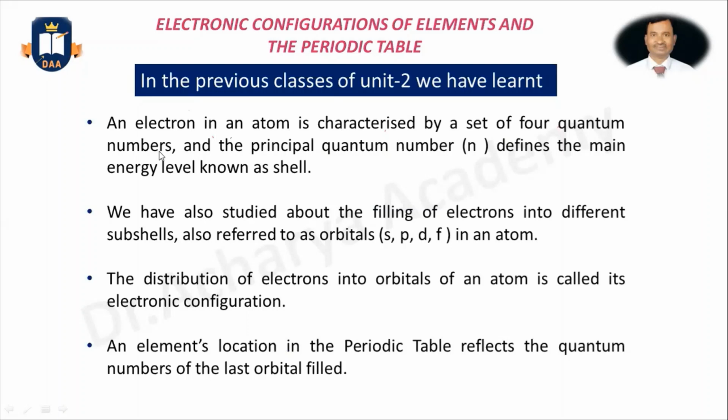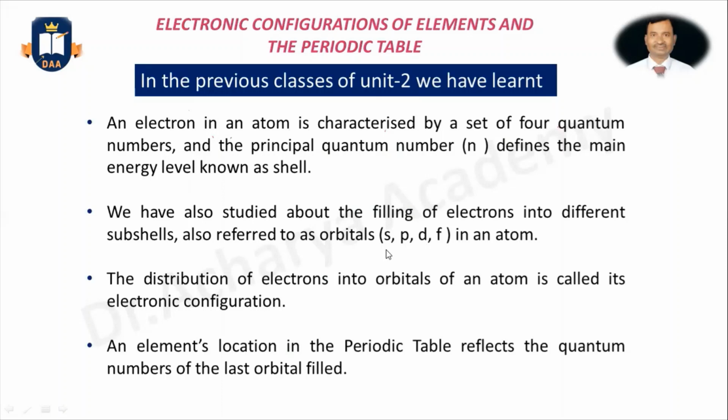And also you learned the principal quantum number n defines the main energy level known as shell. We have also studied the filling of the electrons into different subshells as per s, p, d, f in an atom.